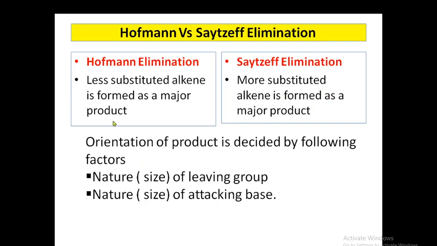And this orientation, whether a less substituted or more substituted alkene is formed as the major product, is decided by these two factors: obviously the size of the leaving group, and the size of the attacking base. These are the two factors that decide the orientation of the product. Let's see the example.